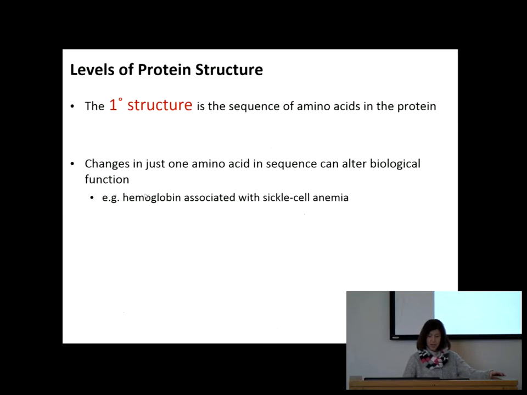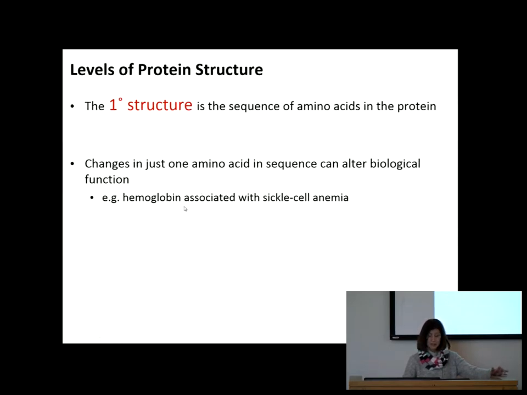A hemoglobin with a glutamic acid replaced with a valine in a beta chain makes that area more nonpolar because the valine only has carbons and hydrogens, where glutamic acid is charged. And so that's going to make that area more nonpolar, and that causes the protein to aggregate.